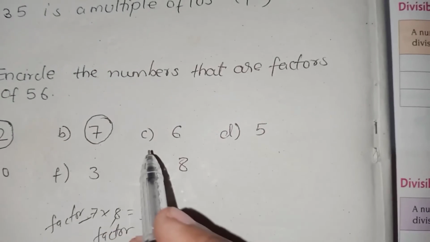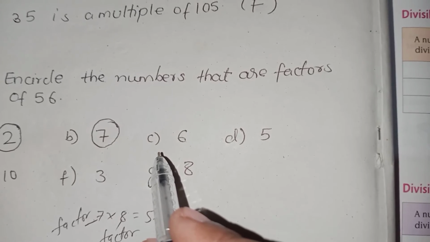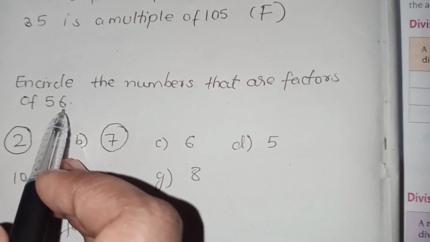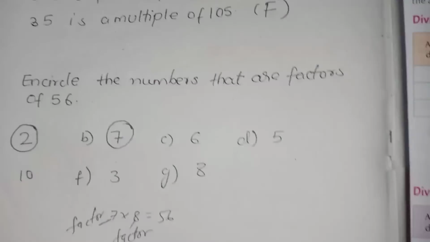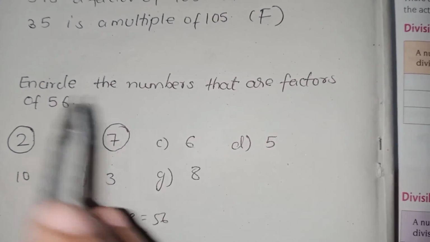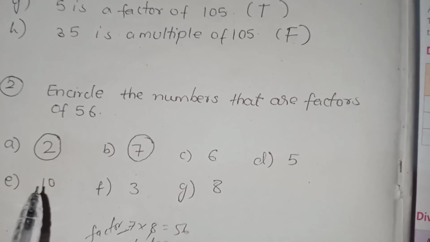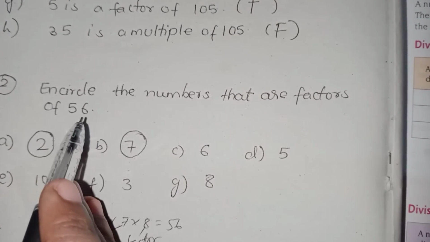Is this 6 the factor of 56? No, 6 is not the factor of 56, so we will not circle. Is 5 the factor of 56? No, you can see the last digit was 6. If it would be 0 or 5, then 5 would be the factor of that product, but it is not. E, is 10 the factor of 56? No, the last digit is 6.